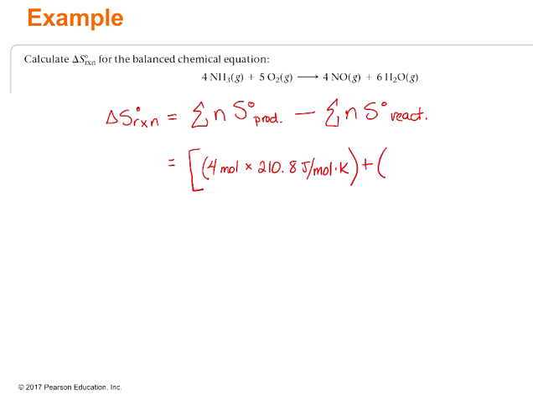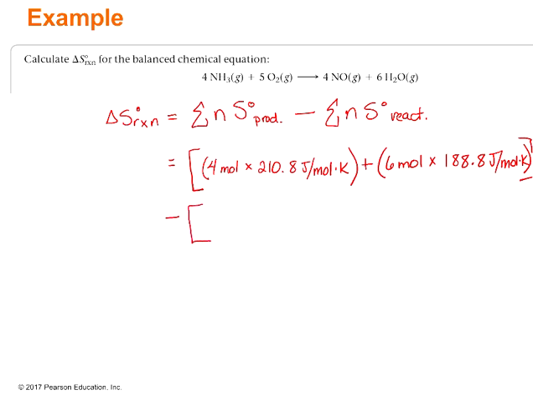And we're going to add the standard molar entropy of gaseous water, but there are 6 moles of water here, so we'll multiply that by 6. And we said that the standard molar entropy was 188.8 joules per mole Kelvin. Okay, so that's our product, and then we're subtracting the reactants.